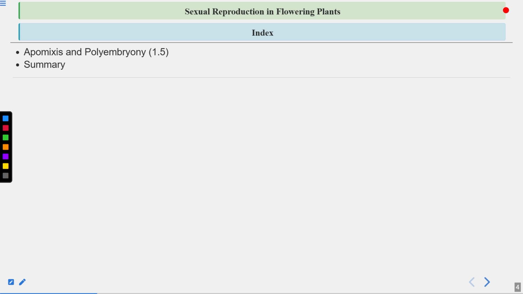Now, we have discussed all these things. Later on, we have also discussed the seeds, the types of seeds, and also the types of fruits. Now, this is going to be the last topic of your NCERT book, that is apomixis and polyembryony. And according to the NCERT book, this is topic 1.5.